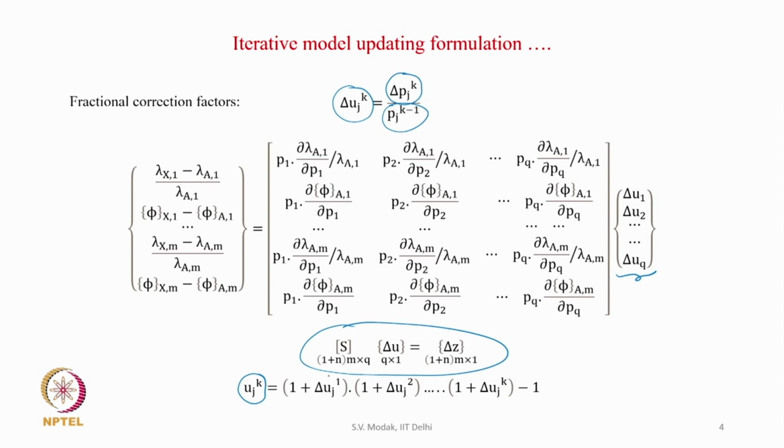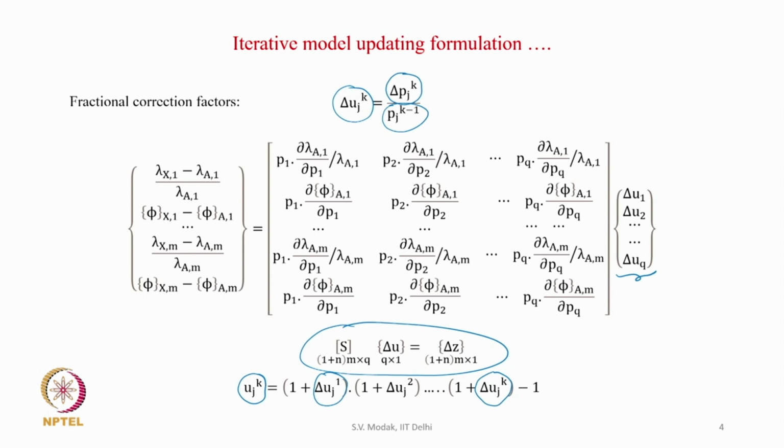So, delta u j 1 represents the fractional change in the jth updating parameter at the end of first iteration, and delta u j k represents the fractional change in the jth updating parameter in the kth iteration. From all this we can determine the cumulative change, and that is given by this equation.